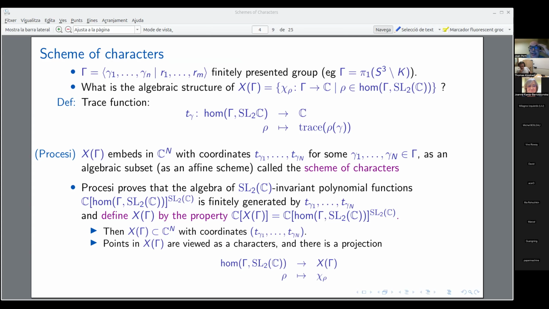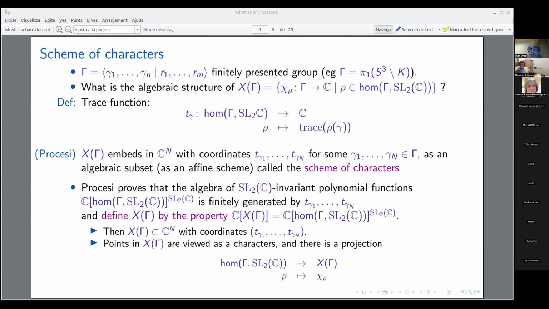The algebraic theorem says that this algebra is finitely generated by the trace functions of finitely many elements, gamma 1 to gamma capital N. And that's the definition of the algebraic scheme, or the algebraic variety, with the property that the polynomial functions are precisely the polynomial functions on the variety of representations which are invariant under conjugation. These are the generators, so we take them as the coordinates. And this gives me the embedding into C^N. And that's how it works.